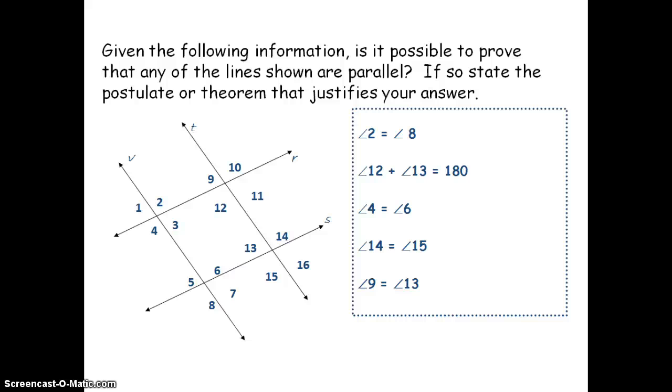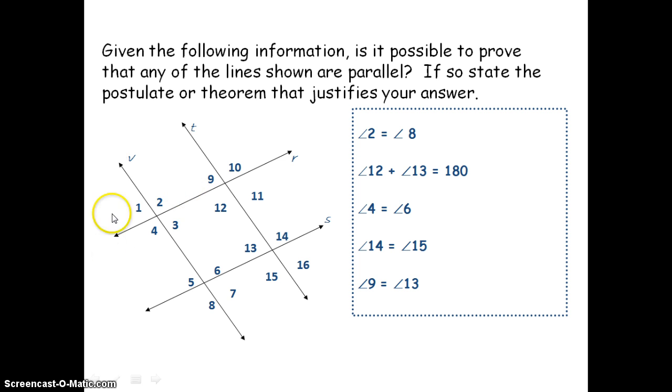Given the following information, is it possible to prove that any of the lines shown are parallel? If so, state the postulate or theorem that justifies your answer. So if I told you that angle 2 was congruent to angle 8, could you say that lines R and S were parallel?